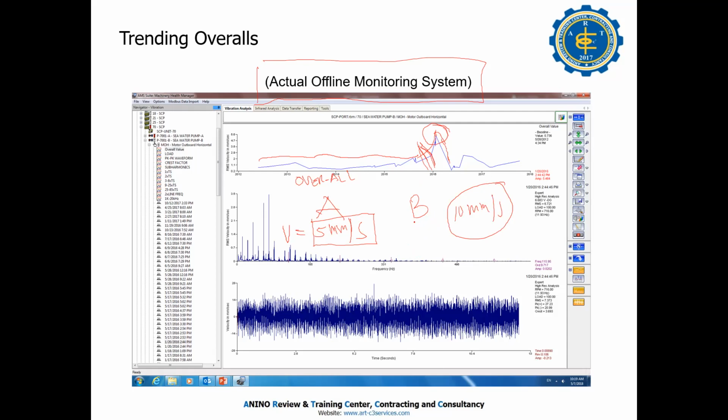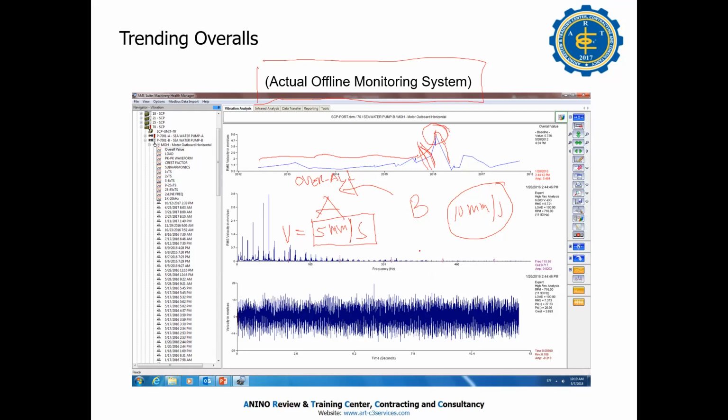The analyzer: he selected B, but he took the reading on A.